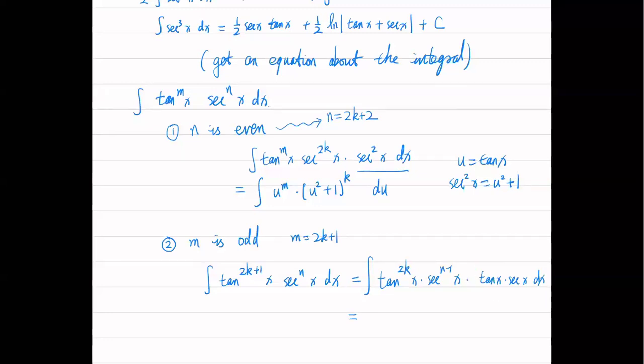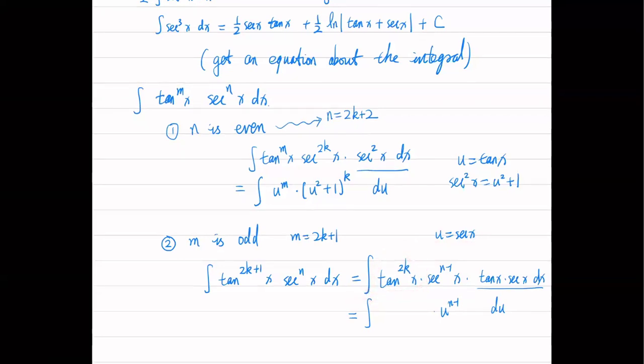So u is secant x. The whole thing becomes du. So this will be u to the n minus 1. Zichen, how do you deal with this? Could we convert this to a function of u? U is secant x.